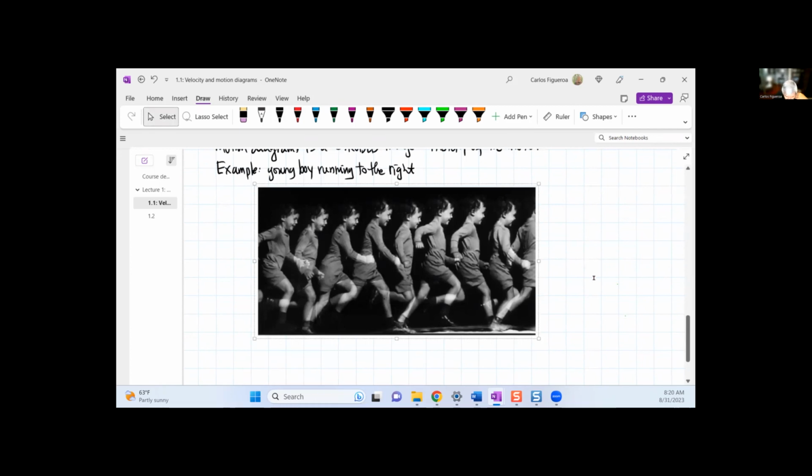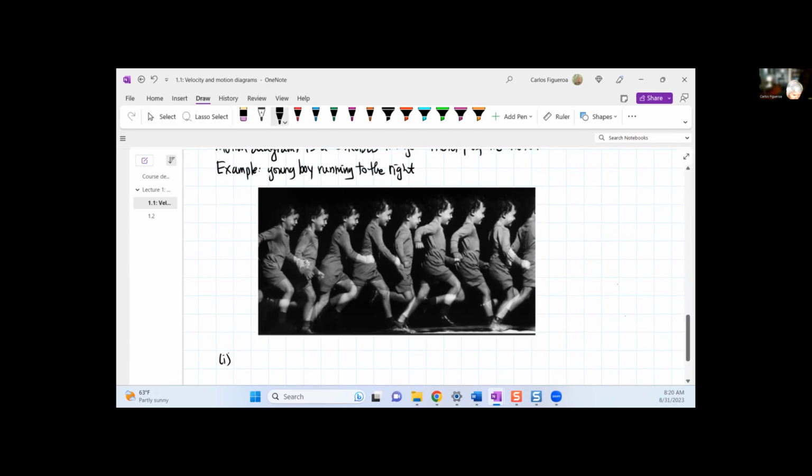Now, there's a couple of things that we should really look at here. Because when you look at this motion of this boy, you could see that it's clearly a strobed image, but it's a complicated motion. And maybe we should list these just to be nice and clear.